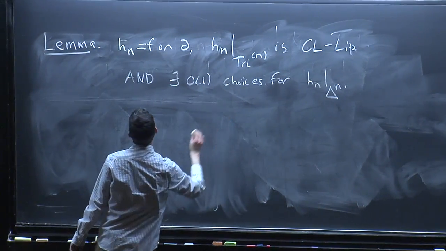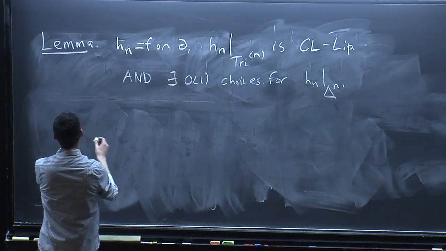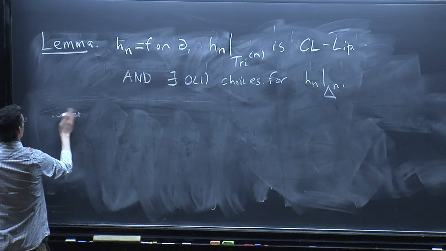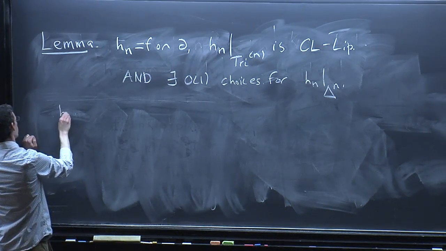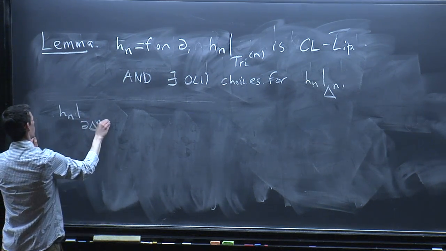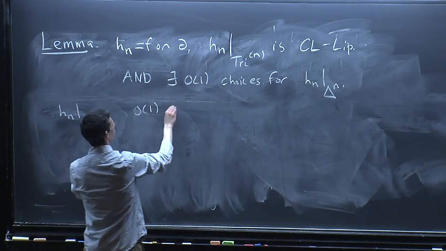If we try to make Hn plus 1, actually the story is similar. So to make Hn plus 1, now I want to go further and try to do something good on the n plus 1 skeleton. If I take Hn and I restrict it to the boundary of an n plus 1 simplex, there are only order of 1 choices.